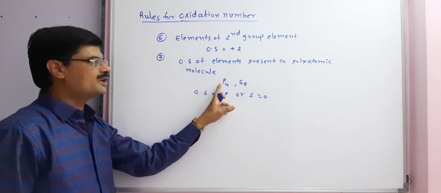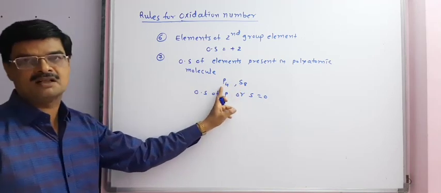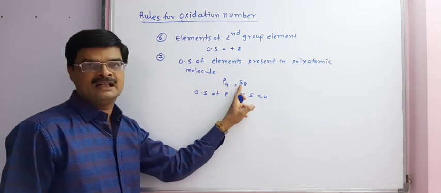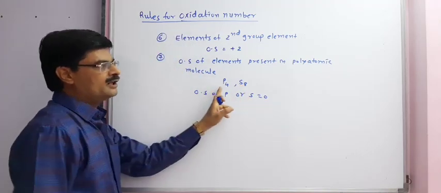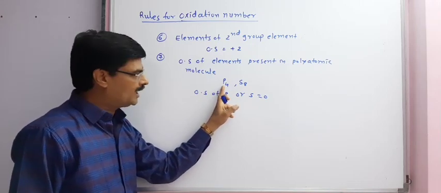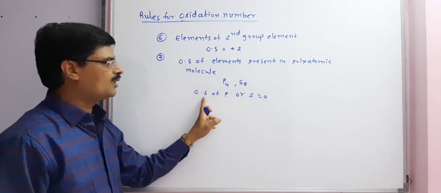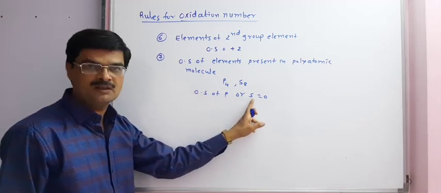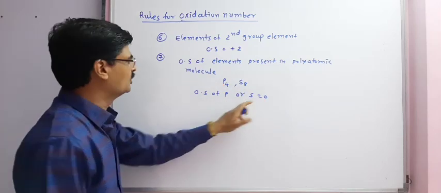When we see the structure of P4 or S8, P4 has a tetrahedral structure and S8 a crown structure, even then we can see that the electronegativity difference will be 0 for all the P4 atoms and all 8 sulfur atoms. Therefore, the oxidation state of phosphorus or sulfur, when present in P4 or S8, will be 0.